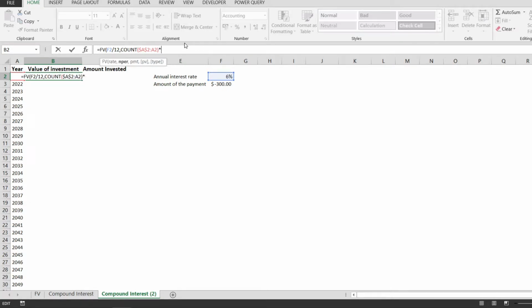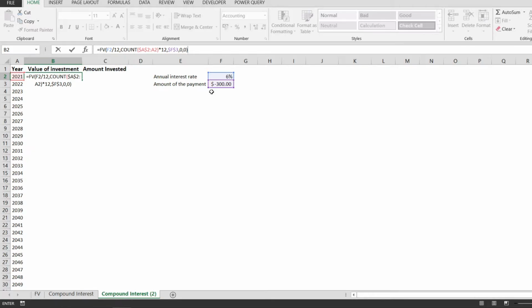And we are also going to multiply this with 12 because we are adding money every month. And the payment, this is going to be the $300 right here. We're also going to make this an absolute reference because we don't want it to change. Present value is going to be 0, and we need the value at the end of the period.